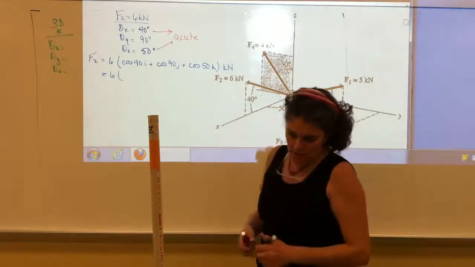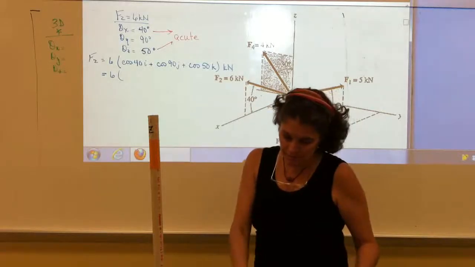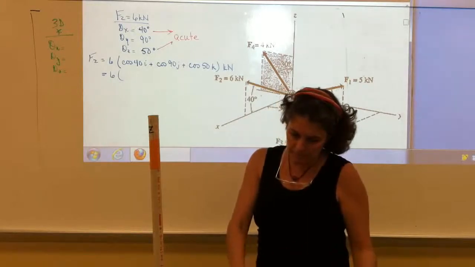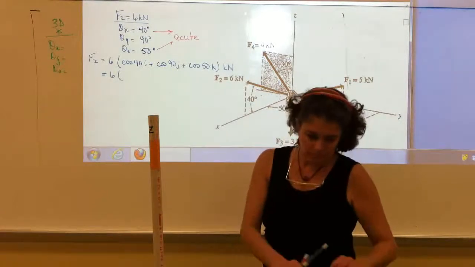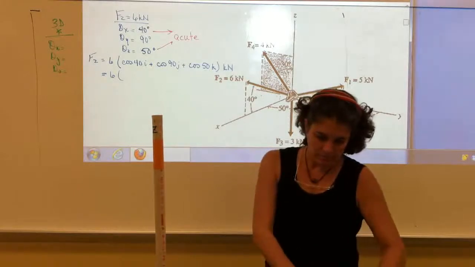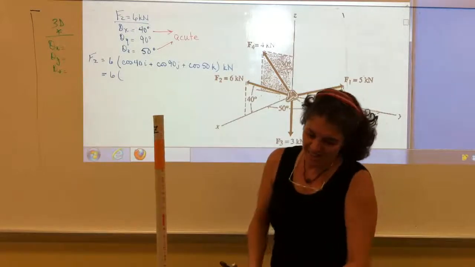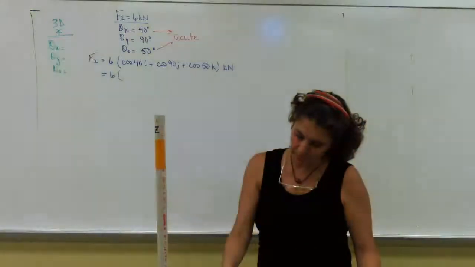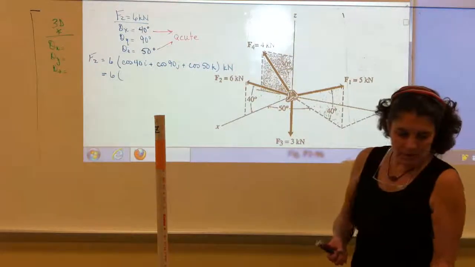So let's see, cosine 40, let's see which one this is, F2. Okay, what's cosine of 40?